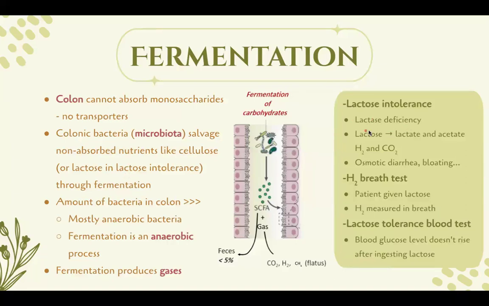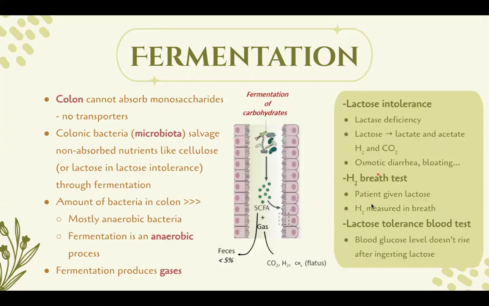If they don't have it, they cannot break down lactose in the small intestine, and lactose just keeps going until it reaches the colon. And there it will be fermented by the bacteria and produce all these gases. It also produces lactate and acetate. So the gases will cause bloating, and because we have this lactose still in the lumen, it drags all the water to where it is and causes osmotic diarrhea.